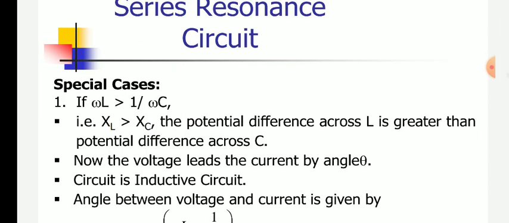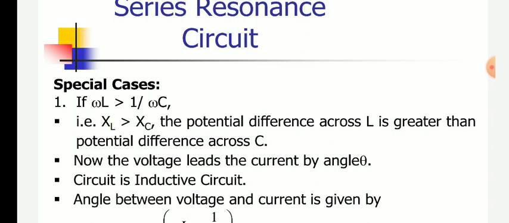Next, we shall discuss some special cases of this series resonant circuit. If omega L, that is reactance of the inductance, is greater than the reactance of the capacitor, that is XL is greater than XC, the potential difference across L is greater than the potential difference across C. Now the voltage leads the current by angle theta.